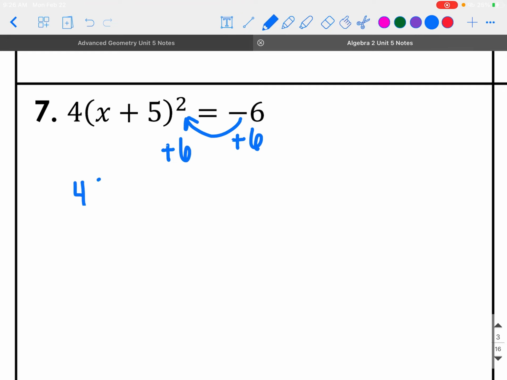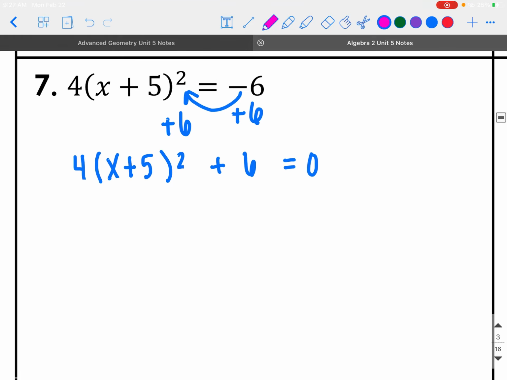And it becomes 4x plus 5 squared plus 6 equals 0. So that means that my vertex is negative 5, 6. My axis of symmetry is x equals negative 5.